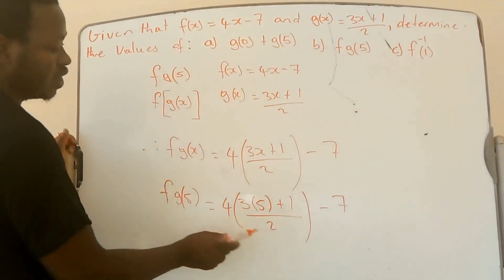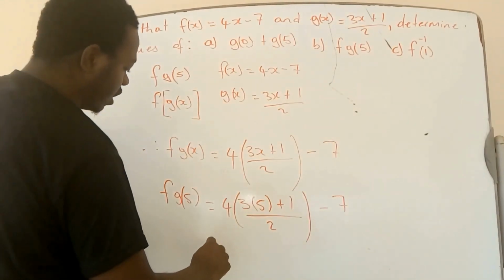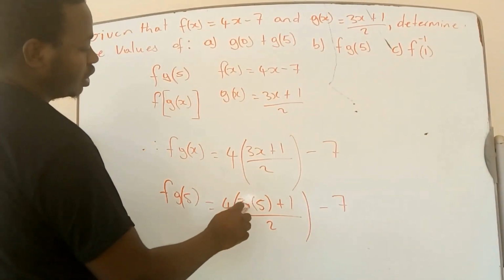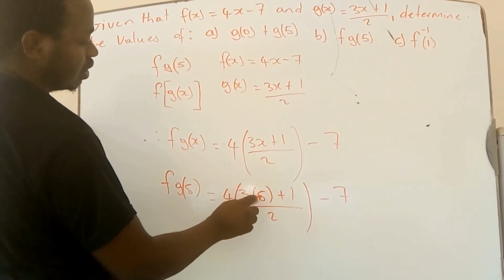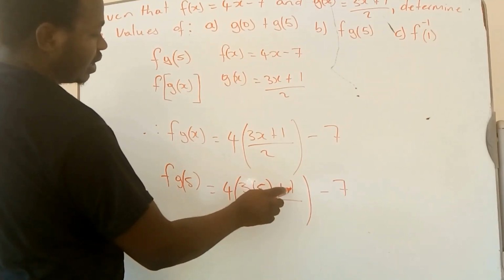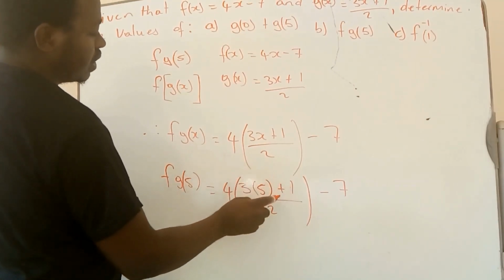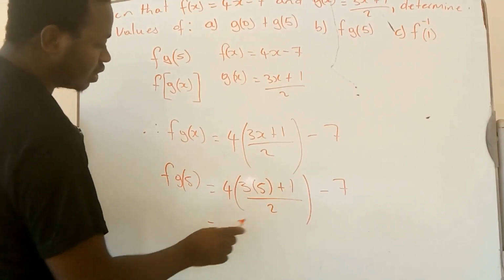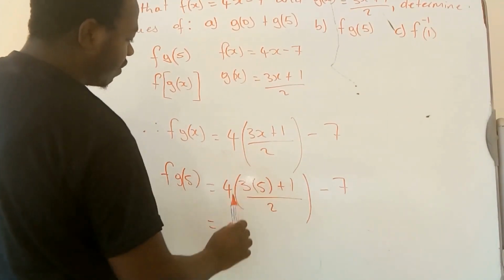Right? And you just simplify this. So this is equal to 3 times 5, that is 15. 15 plus 1, that is 16. 16 divided by 2, that is 8. So all of this inside of the bracket simplified to be 8.